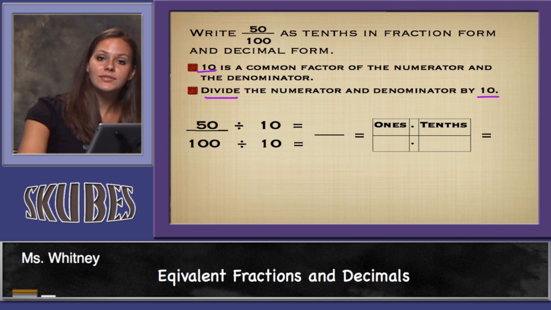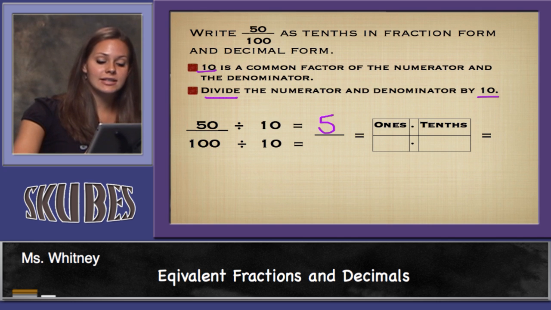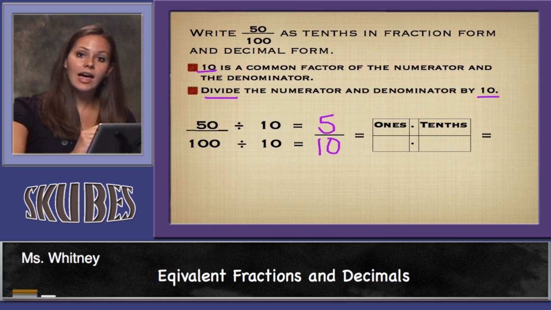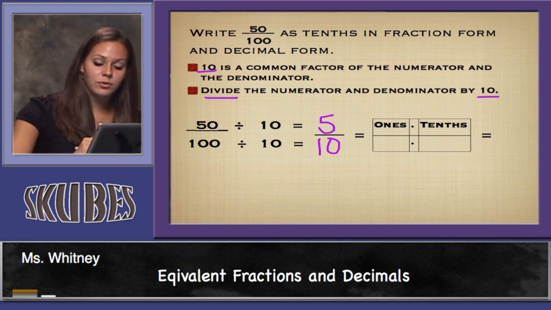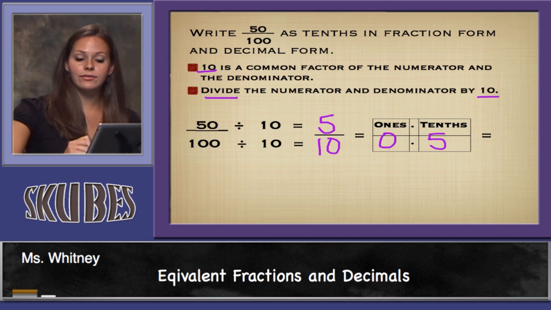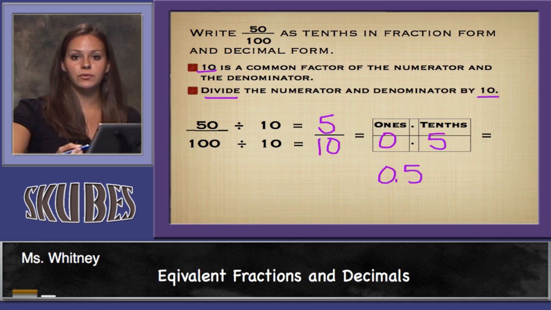Let's try it. 50 divided by 10 equals 5. 100 divided by 10 equals 10. So 50/100 is equal to 5/10. Now to write that as a decimal, we write 0 decimal 5 to show 5/10 in decimal form.